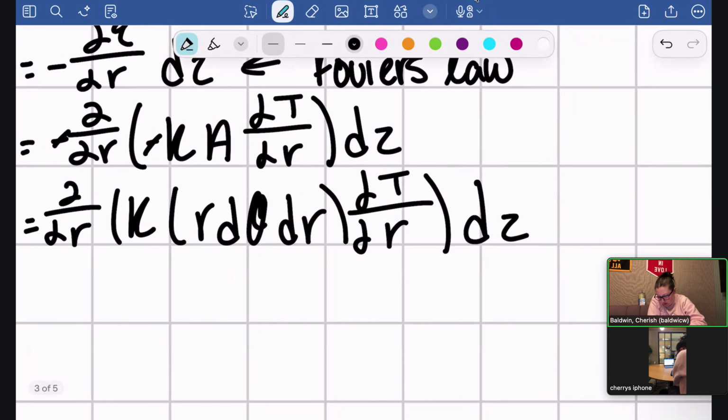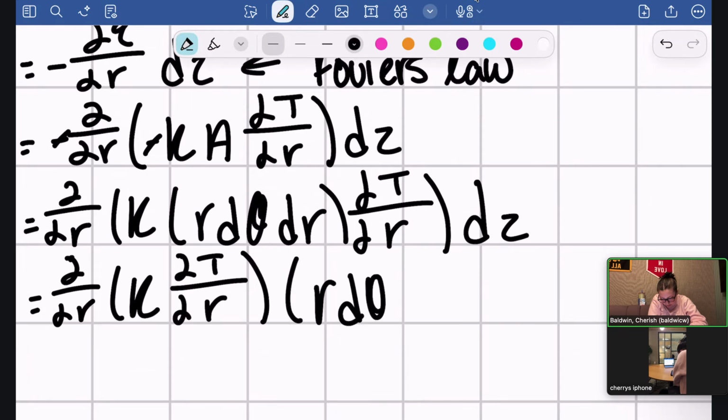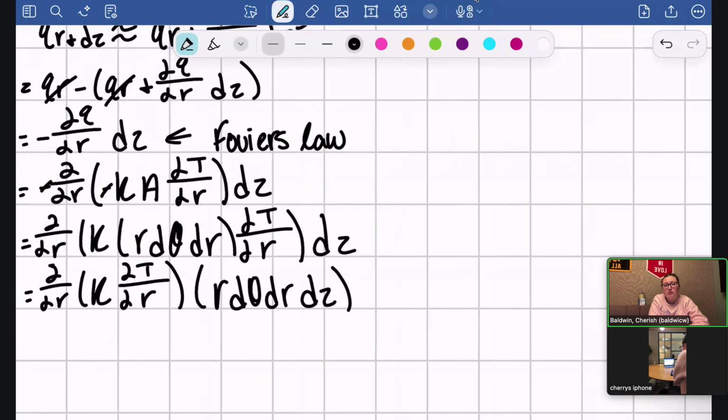Alright, so then that gives us, I'm going to take this out, because then that conveniently gives us differential volume. And we can later take that out.